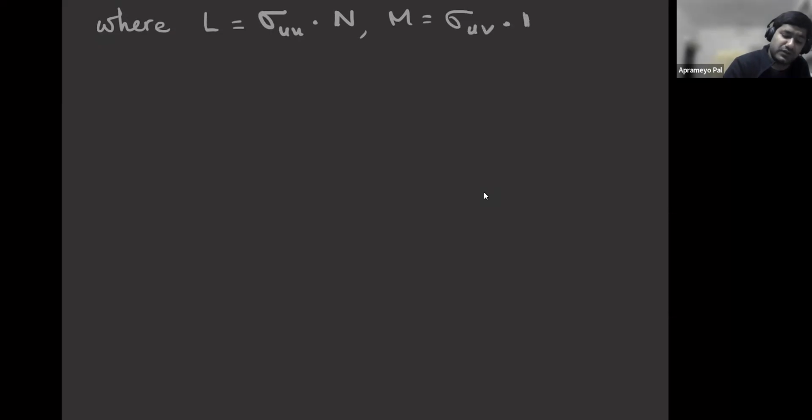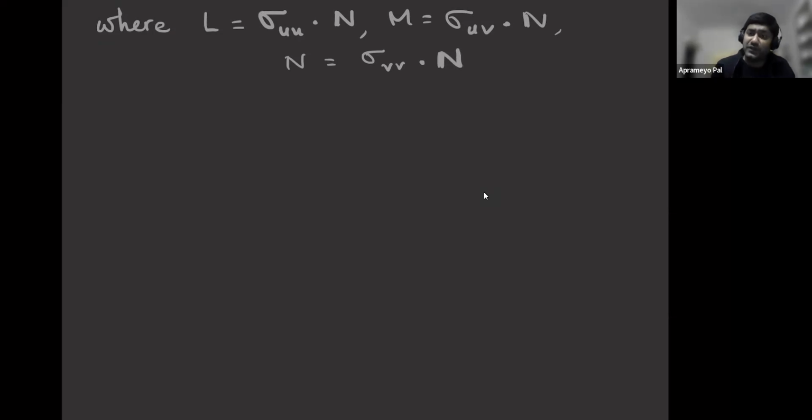So what are these L, M, and N? L is sigma_uu dot N, M is sigma_uv dot N, and N is sigma_vv dot the unit normal.